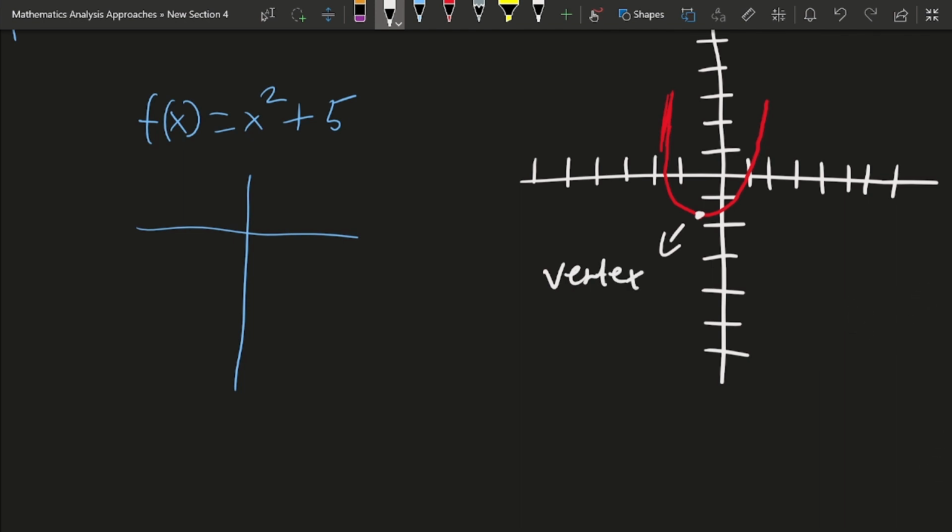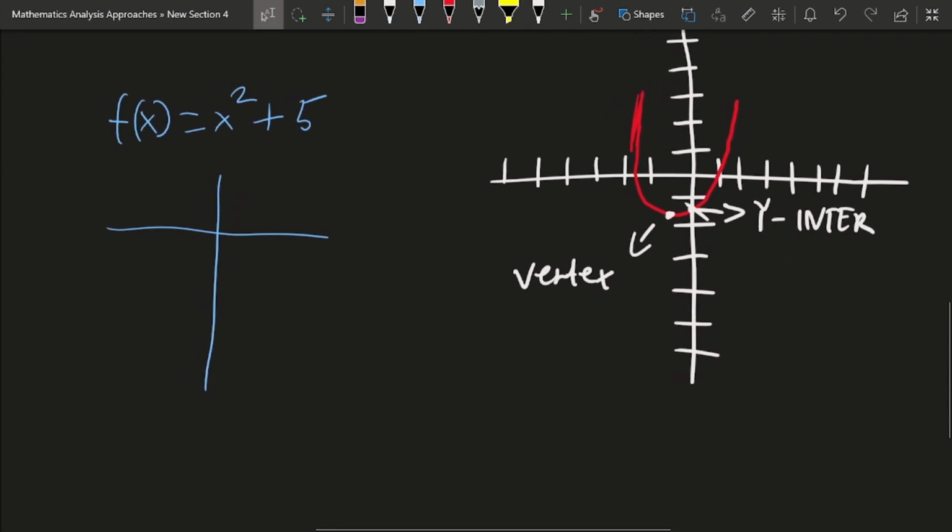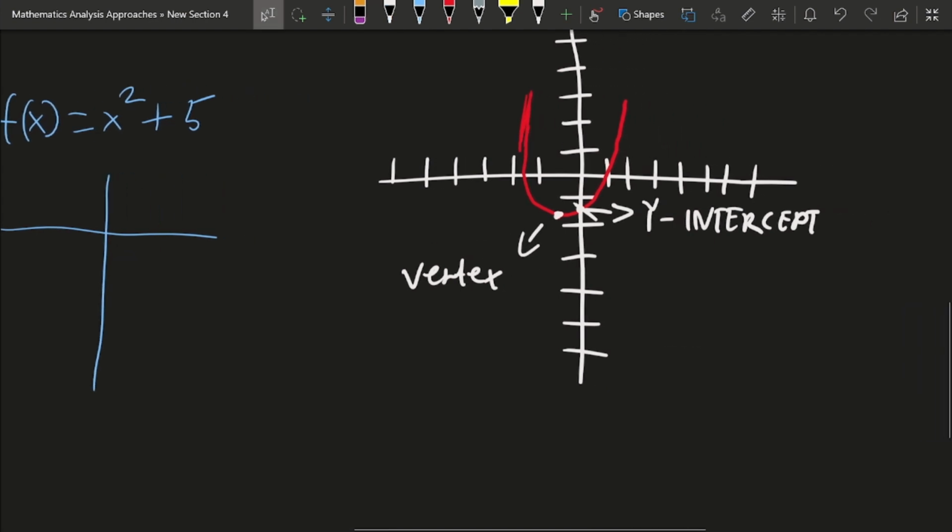The place where the function cuts the y-axis, in this case, is called the y-intercept. Where it cuts the x-axis 2 times, those are called the x-intercepts.